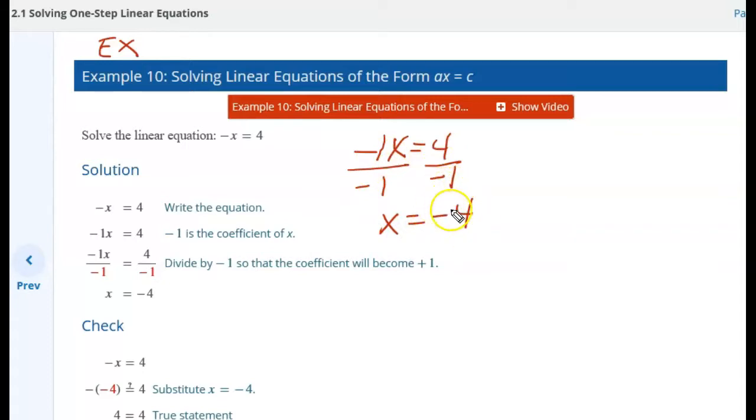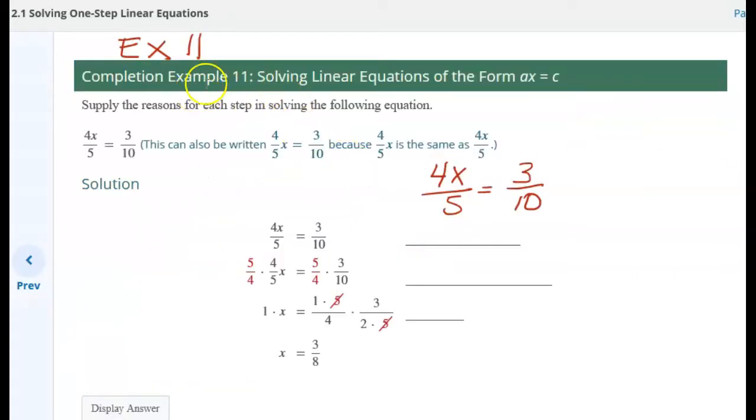Now the shortcut way of doing this is if you see something like this, just reverse the sides. This side becomes a positive x, this side becomes a negative 4. That's the shortcut. This is the protocol that allows you to use that shortcut.